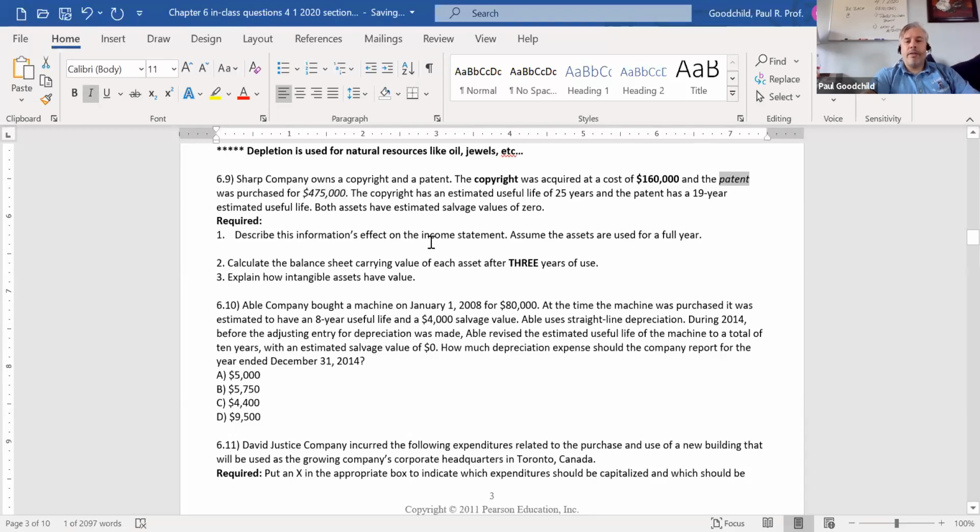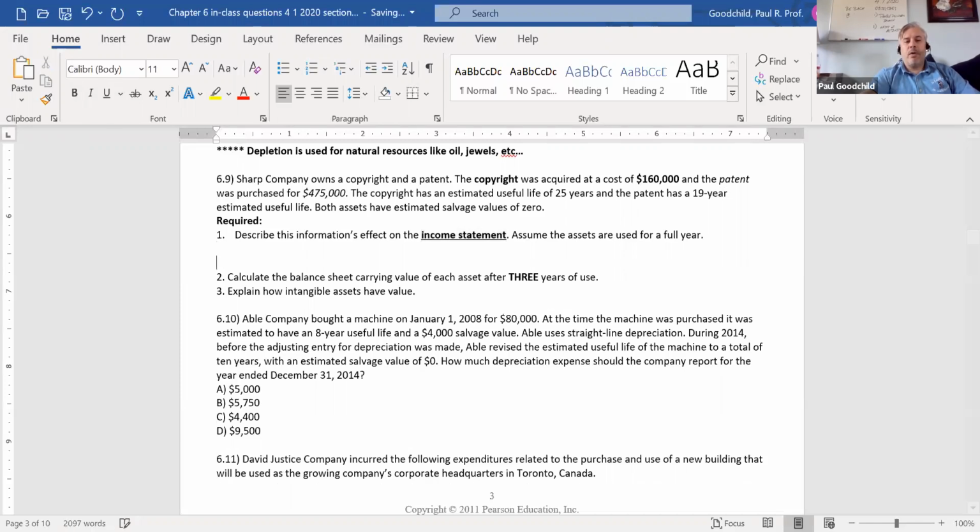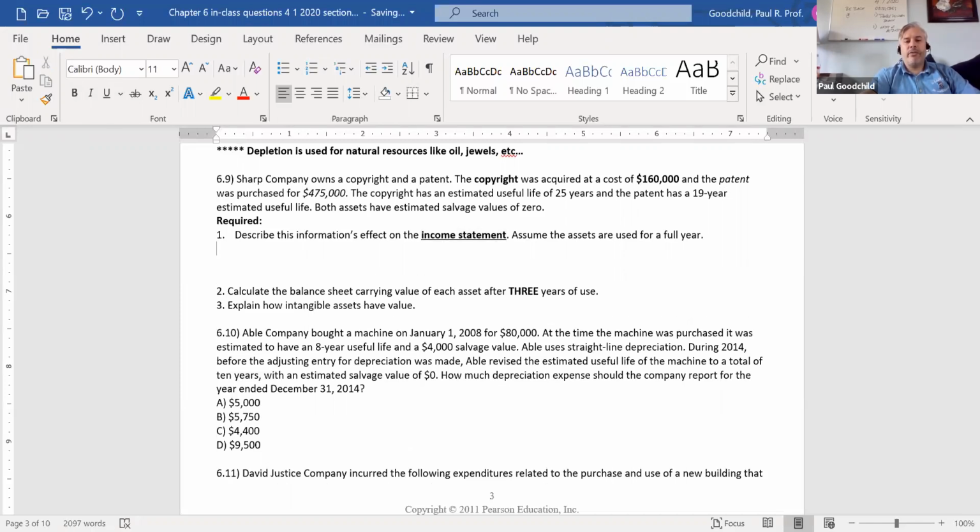And they want to know in this first one, what is the effect on the income statement? So essentially here, you need to tell me what is my amortization for those two for that year. And so type your answer privately in the chat.